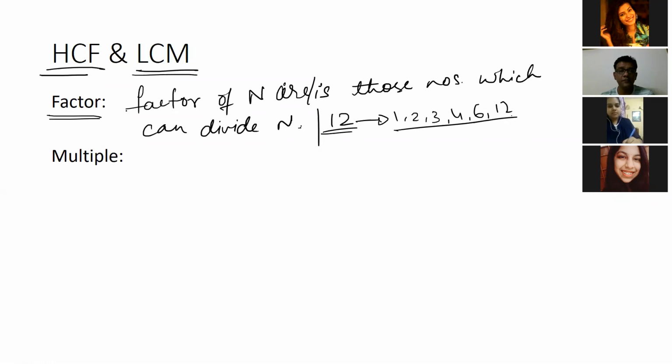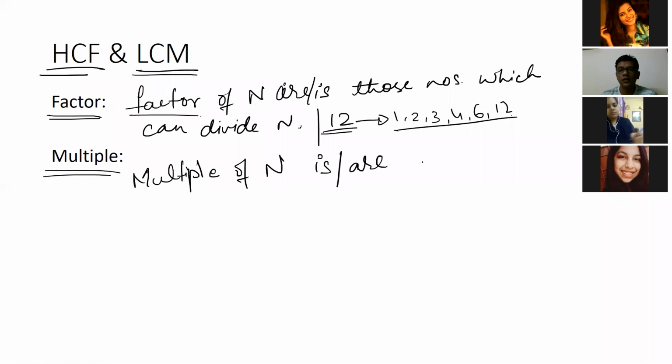So that's basically the factor. Now, what do we mean by multiple? Multiple of n is or are those numbers which n can divide.